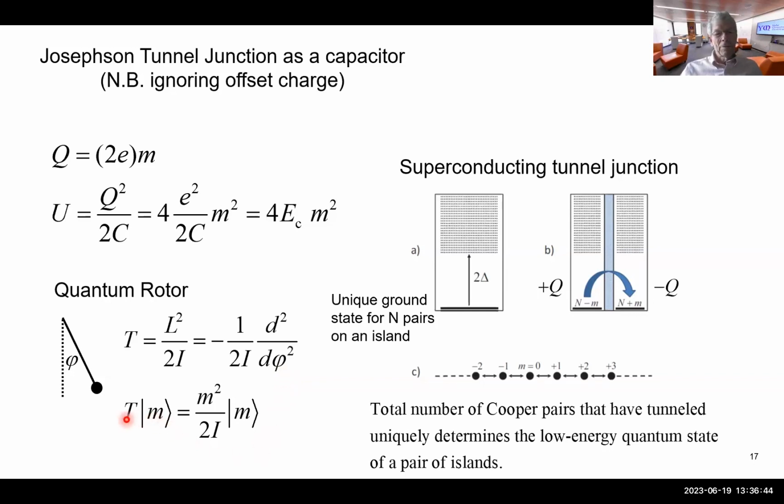And so the kinetic energy looks like m squared. Oh, but that looks exactly like this. It looks like the electrostatic potential energy. So there's a nice analogy between the LC circuit and this quantum rotor. Okay.